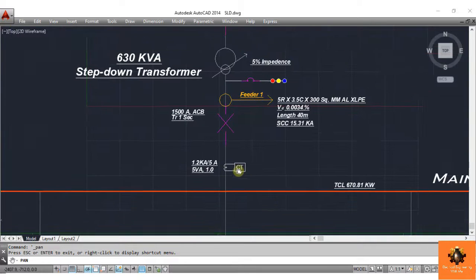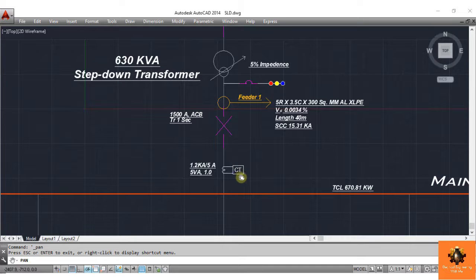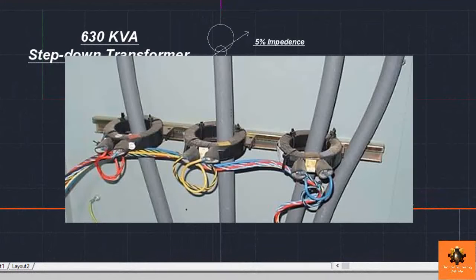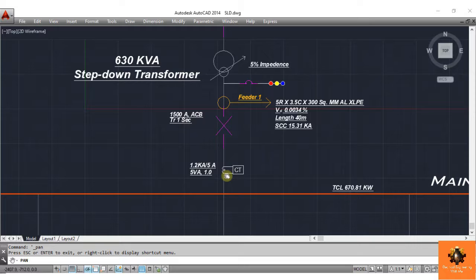What about this CT? CT stands for current transformers, and they are used to measure the heavy amount of current flowing through the cable. This CT will measure the amount of current which is passing through this line. You can see in this image, this is the CT in circular shape, and we are measuring the current of this cable which is passing through it, and this is the information about this CT.